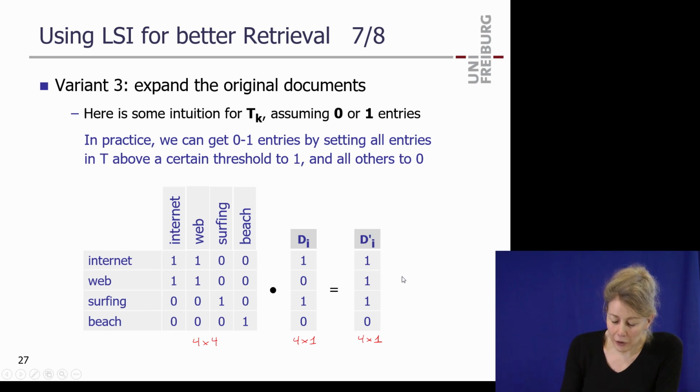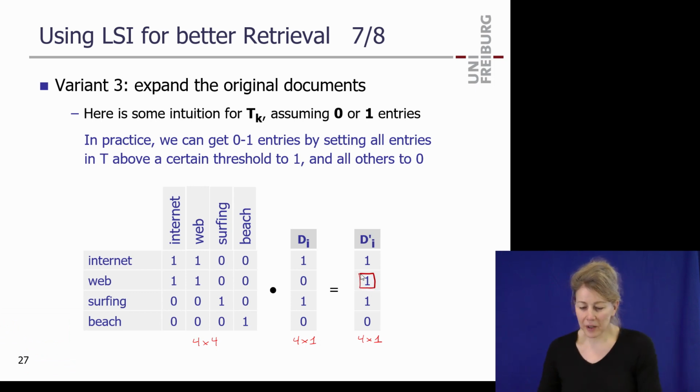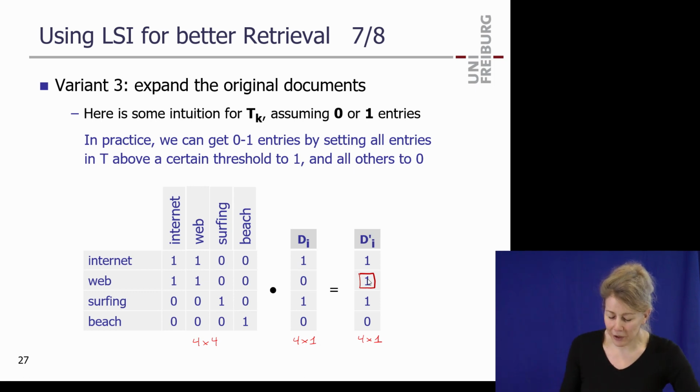And let's just look at this entry here, maybe. What happens is, when I multiply this matrix, and it's a particular matrix now, which has almost the identity matrix, and it has a 1 here and a 1 here. If I do this multiplication, what happens is that this 0 gets replaced by a 1. And why does that happen?